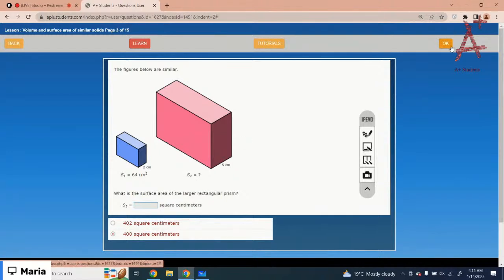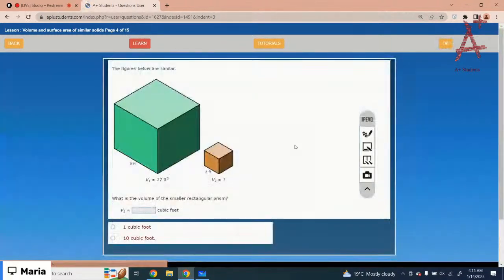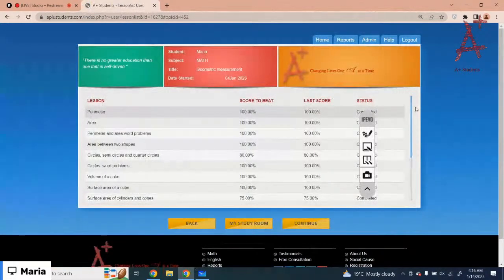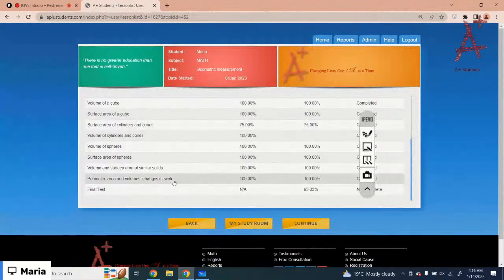Okay, you can complete the test by yourself later today. Let me just move on to the next lesson. Got it? And the next lesson is perimeter, area and volume change in scale.